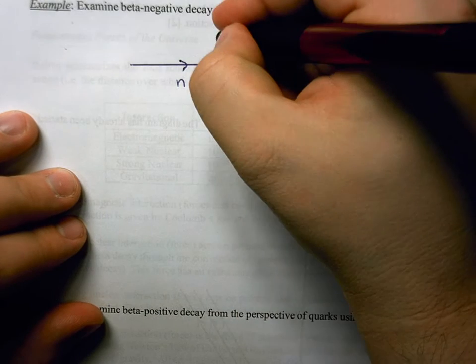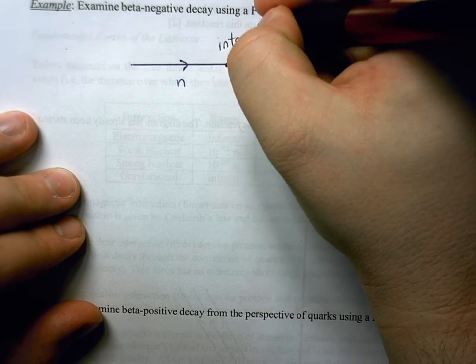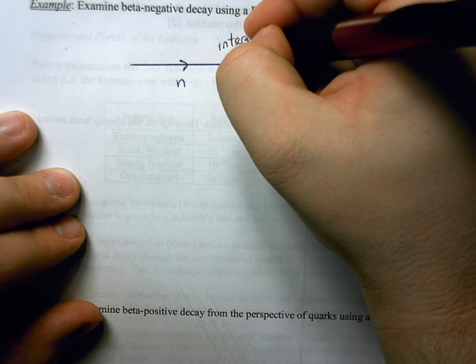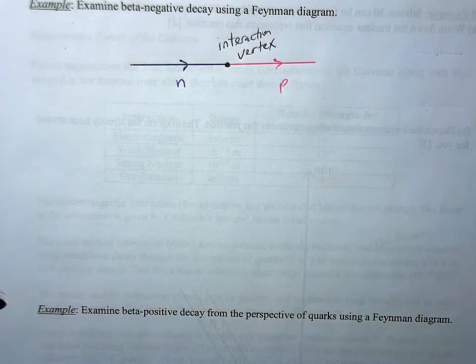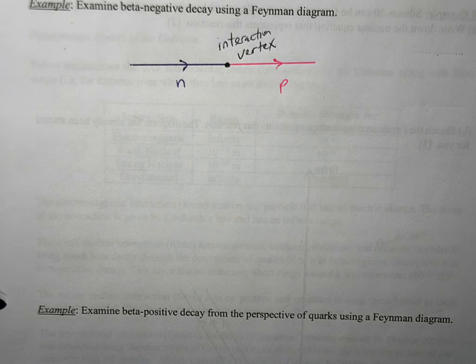This is what we refer to as the interaction vertex. So the interaction vertex is really special. With the interaction vertex, we want to ensure that all the conservation laws are respected with the particles going in versus the particles going out.